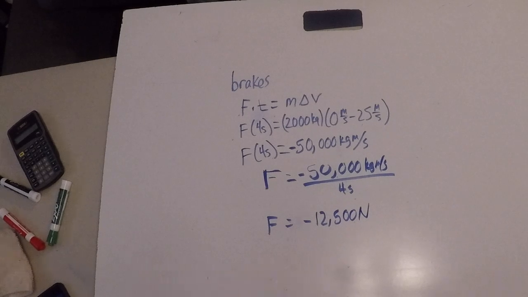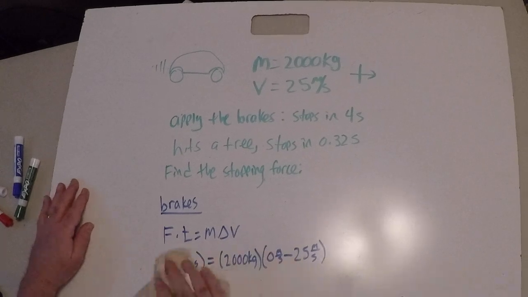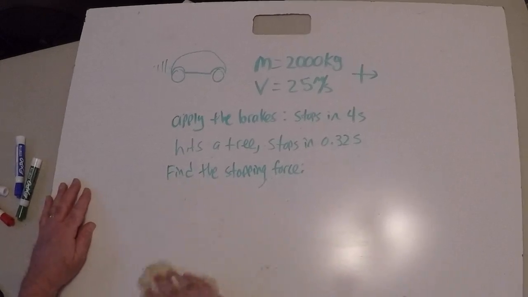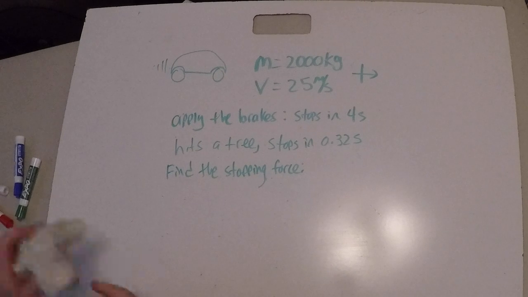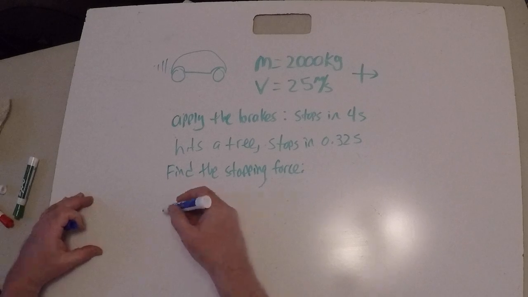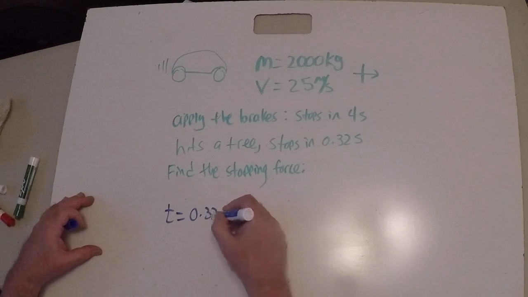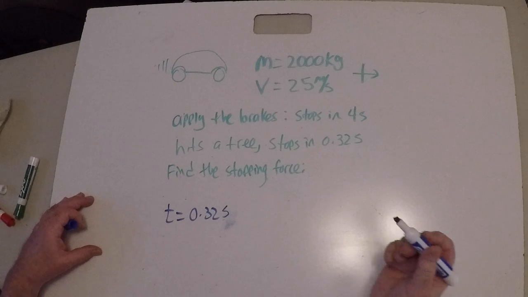So let's take a look at the situation where the car hits a tree. We hope it doesn't hit a tree, but we realize that it might. In this case, the time to stop is 0.32 seconds. We do it the same way.